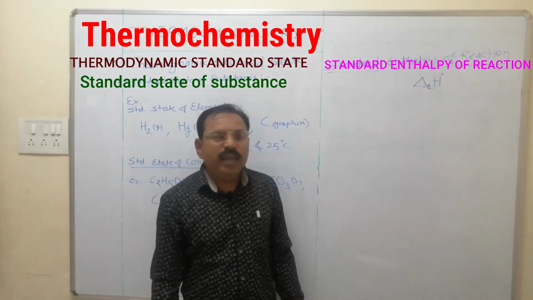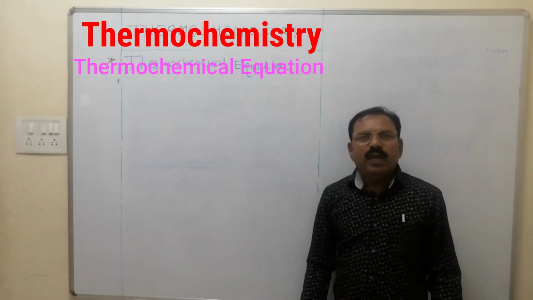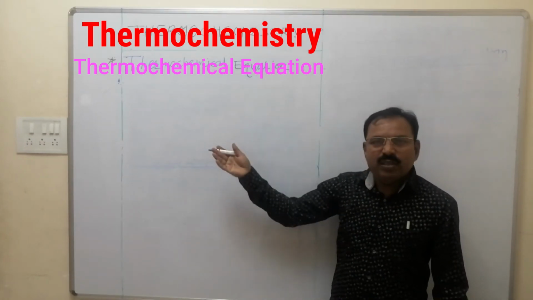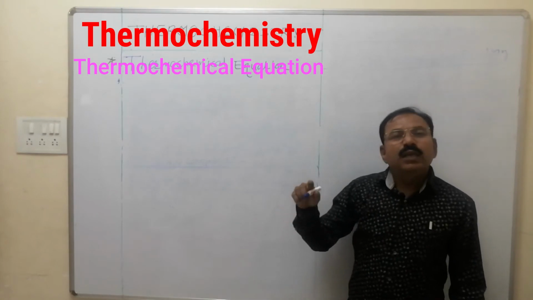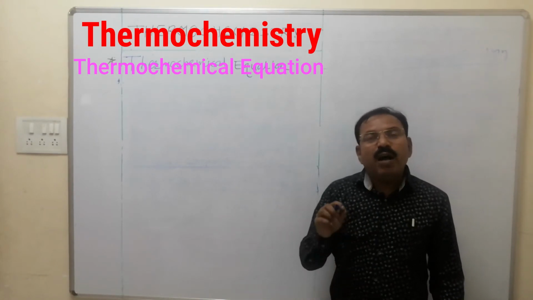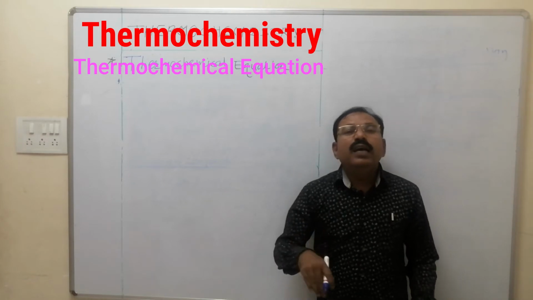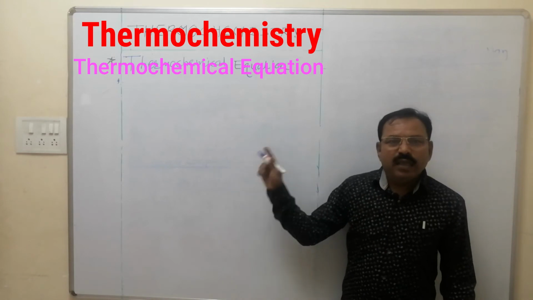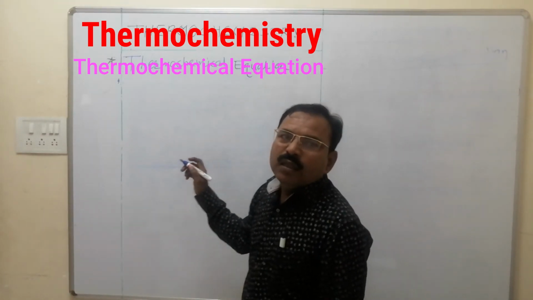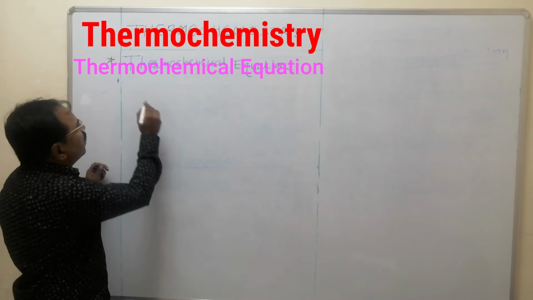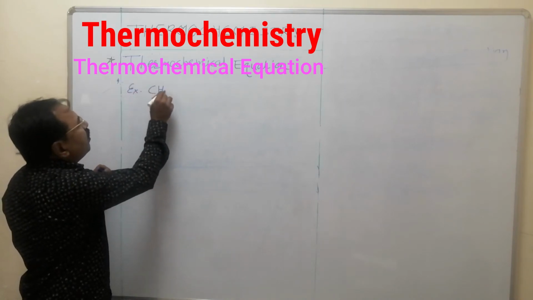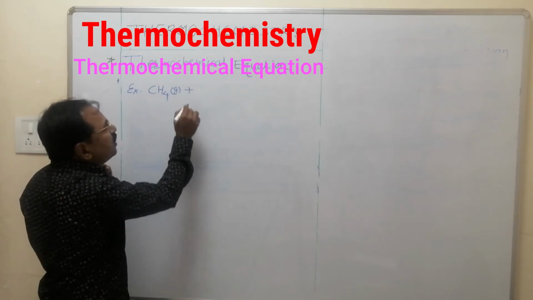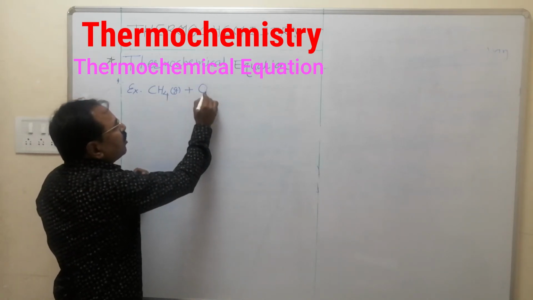Thermochemical equation. It is a balanced chemical equation in which the enthalpy change, physical states and number of moles of reactants and products are specified. Example, the combustion of methane gas, having formula CH4, physical state is gas, plus oxygen.